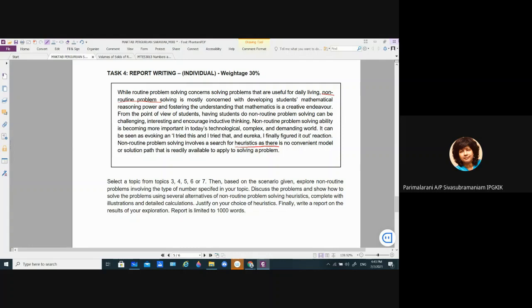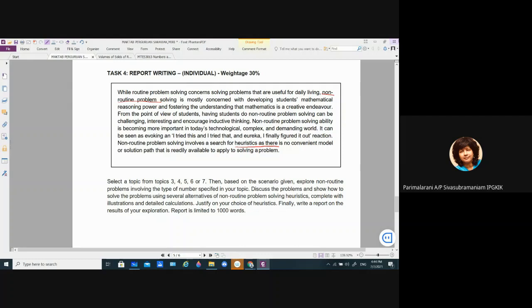Okay, then based on the scenario, explore non-routine problems involving the type of numbers specified in your topic. If you choose, say, for example, topic 6, rational numbers, then you find a non-routine problem about rational numbers. Okay, a non-routine problem involving rational numbers.